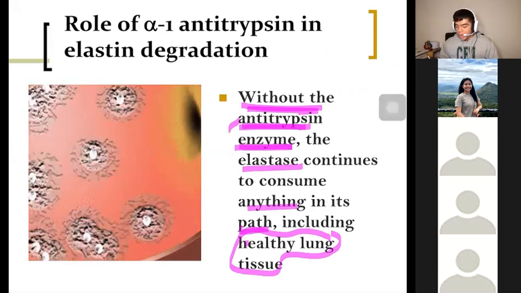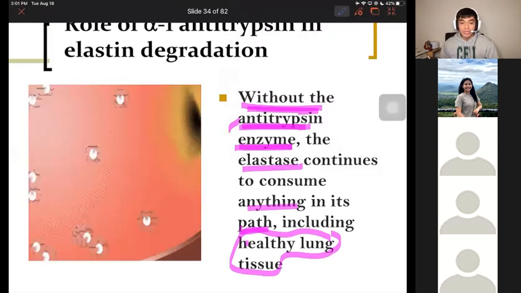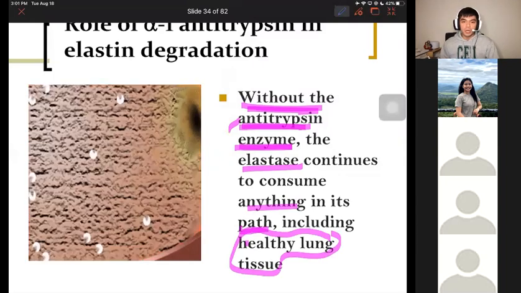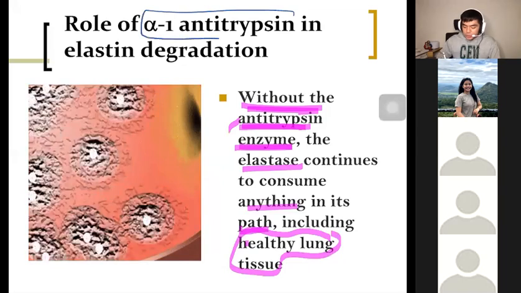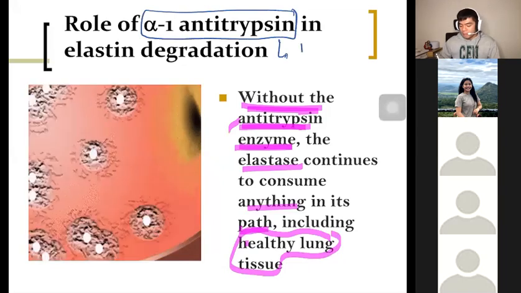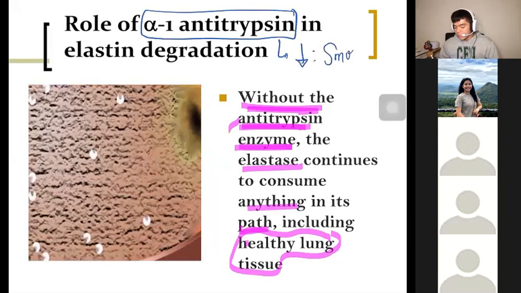However, this is the problem. Ang problema usually is gumagawa tayo ng mga acts or activities that would lower antitrypsin level in the body. And the major reason kung bakit bumababa ang antitrypsin sa katawan ng tao kasi ang tao ay naninigarilyo, okay?